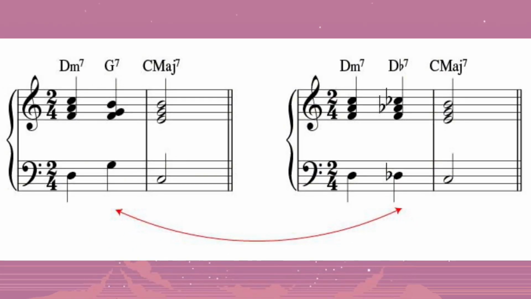This interval has a very restless quality, and the notes want to resolve inward by a half step into a major third interval. So with this logic, we can say that if B and F are the major third and minor seventh of a G dominant seventh chord, then we can also agree that if we invert them, then F and B are the major third and minor seventh of a D flat dominant seventh chord if we only respell B as a C flat.